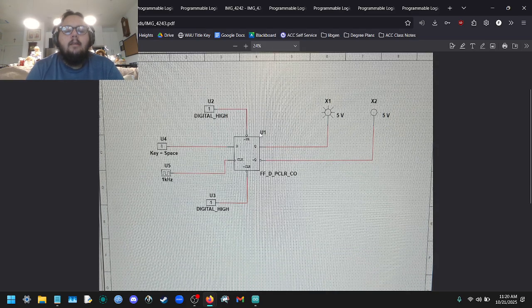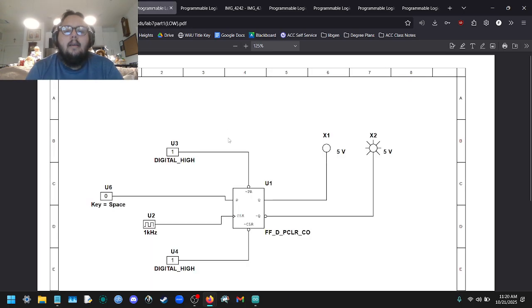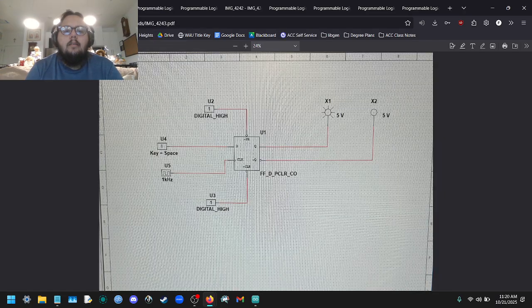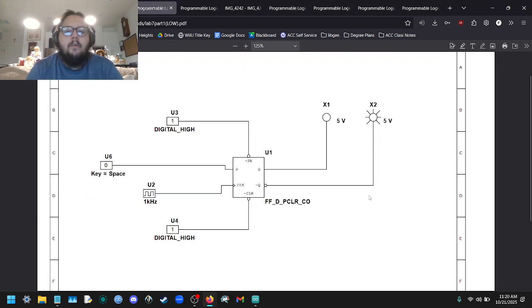As we can see, when the D input was set to 1, the Q output was also set to 1, so the LED, at least in Multisim, would turn on. This is just me taking a picture of the actual computer screen at the time, but here's a better view.